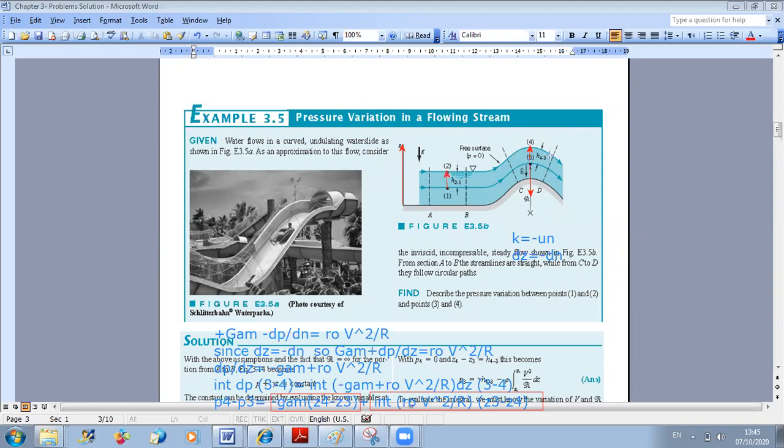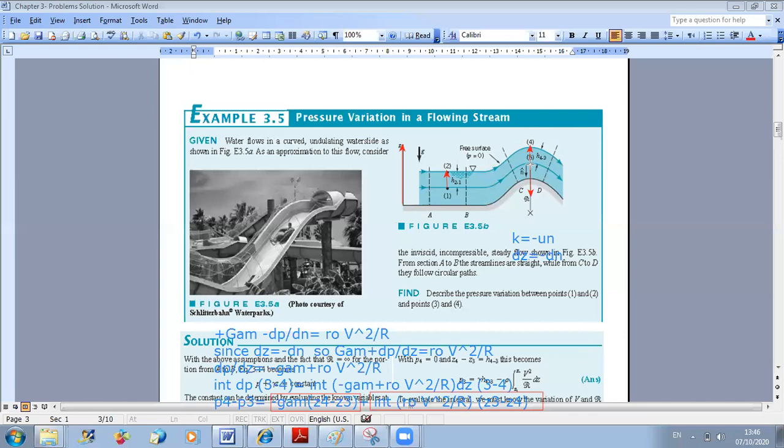But the difference between 3 and 4 and 1 and 2 is that for 1 and 2 you move on straight lines, so you don't have the effect of normal acceleration. However, when you move from 3 to 4, you have two effects. You have the hydrostatic effect. Due to the hydrostatic effect, the pressure at 4 will tend to be lower than the pressure at 3.